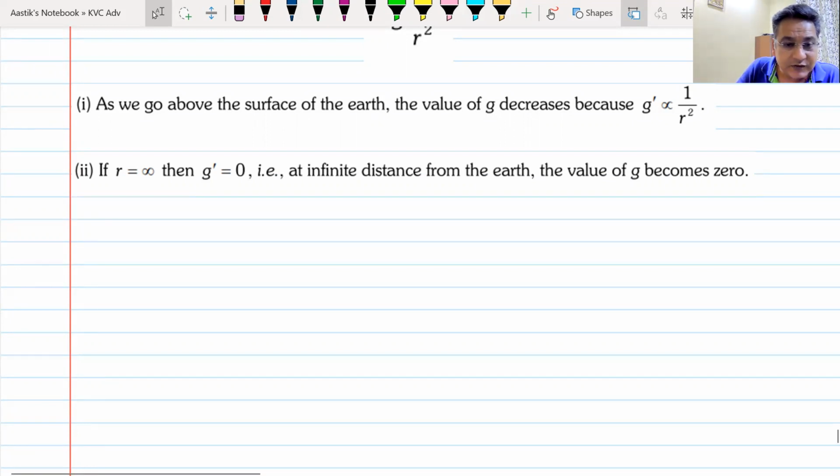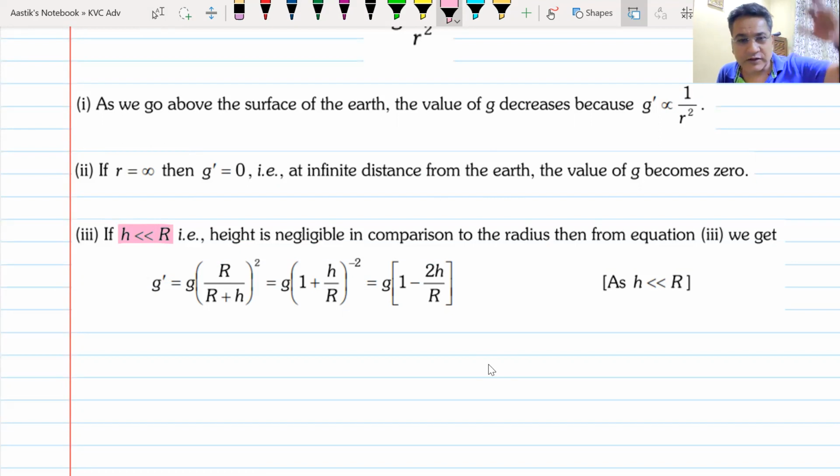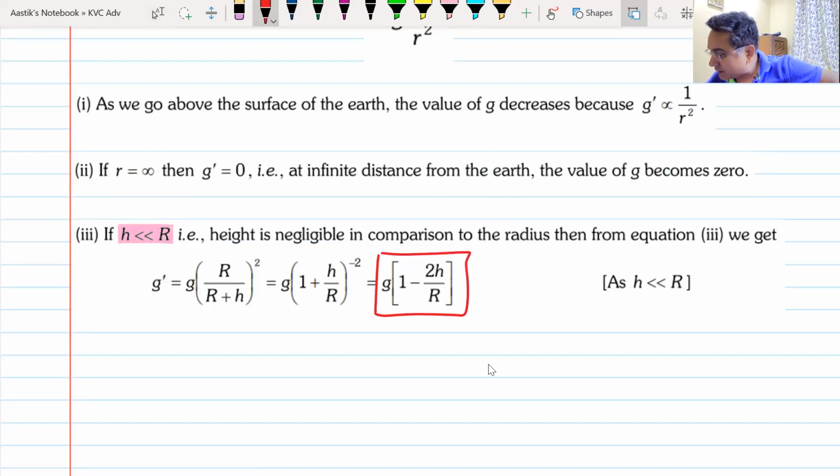Then there is a very important formula, which is valid when the height h is very small compared to Earth. The radius of Earth is 6400 kilometers. If h is 1 kilometer, 2 kilometers, 5 kilometers, 10 kilometers, you can use this shortcut formula from binomial theorem.